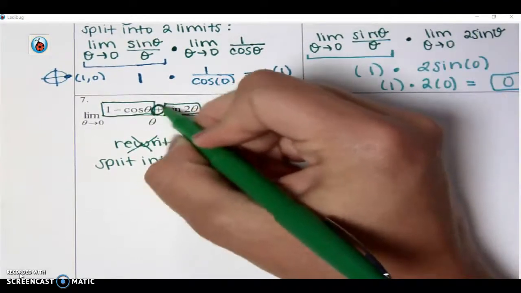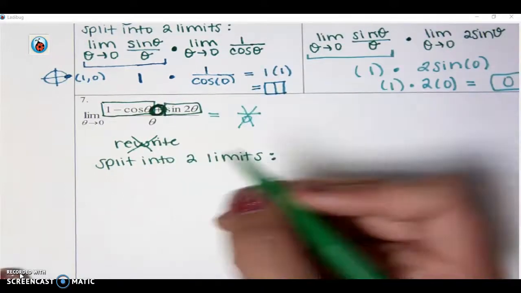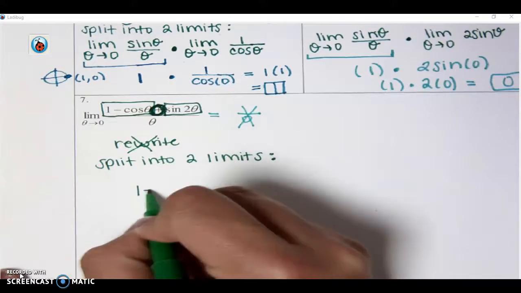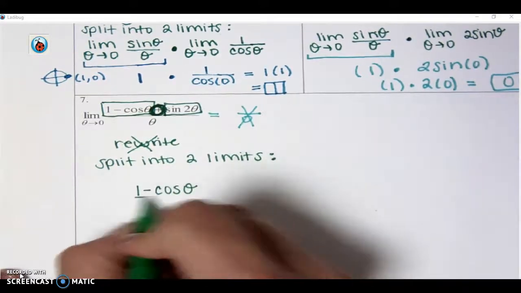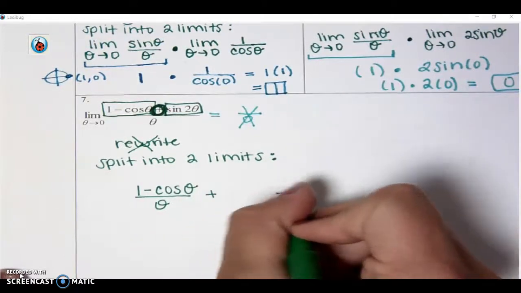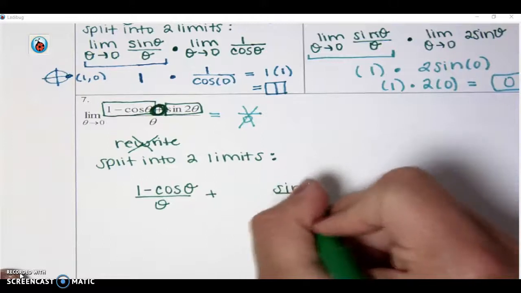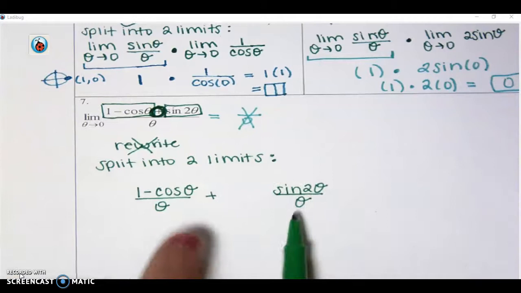But because there's addition between here and not multiplication, we're going to have to make sure we do our fraction. So before I do the limit, if I want to make this a true statement, we would do 1 minus cosine theta over theta plus, then the other fraction would have sine 2 theta over theta. Okay, so this is a true statement.